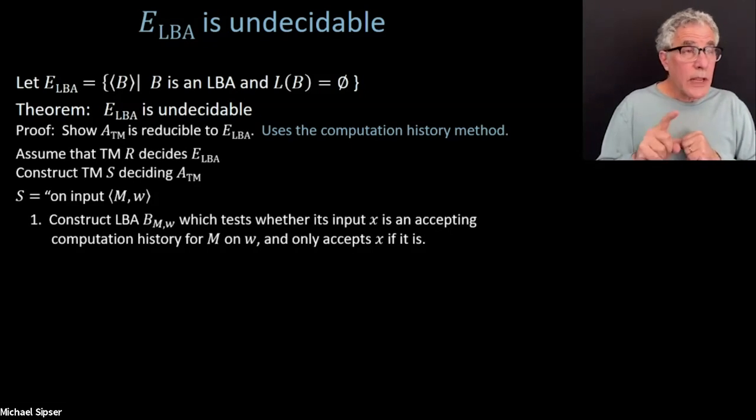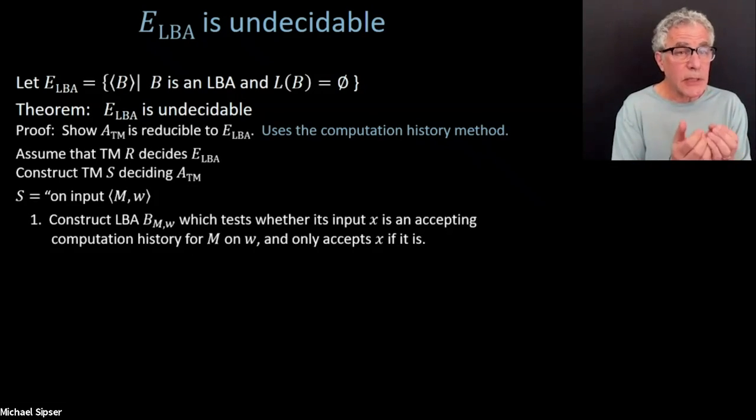And now, if you can build such a thing, then you can use that machine in your emptiness tester to see if it accepts any strings at all. Because the only thing it could possibly be accepting is an accepting computation history.